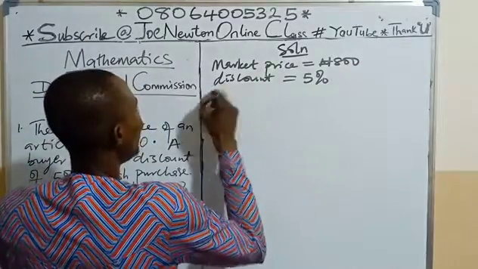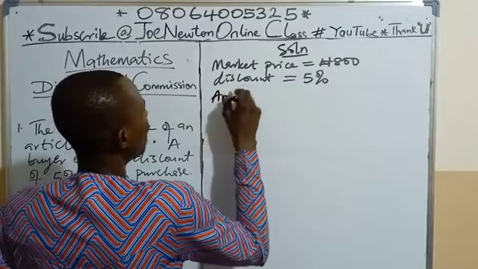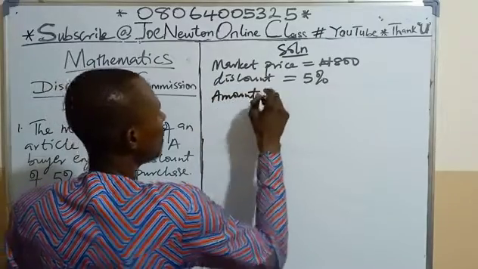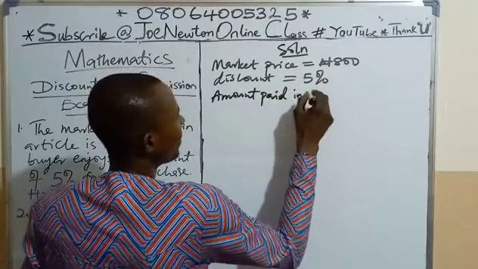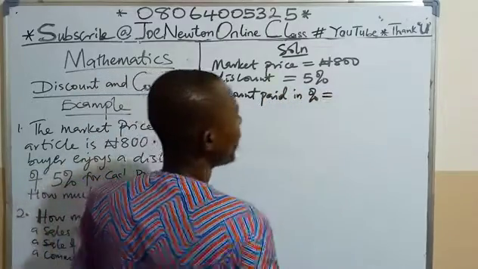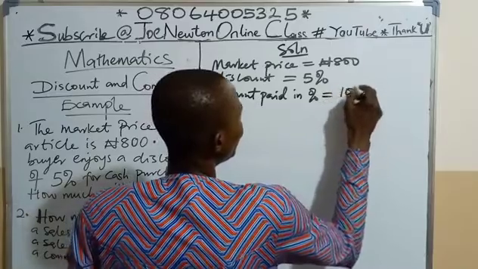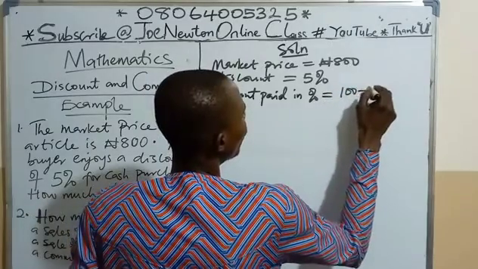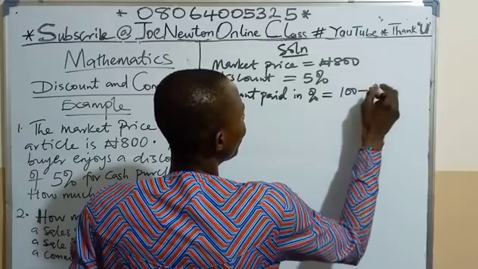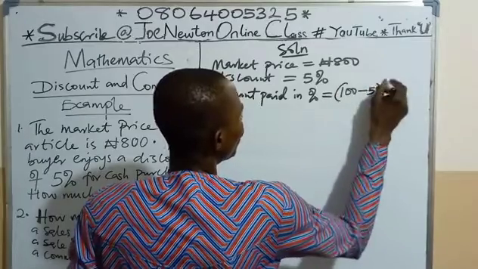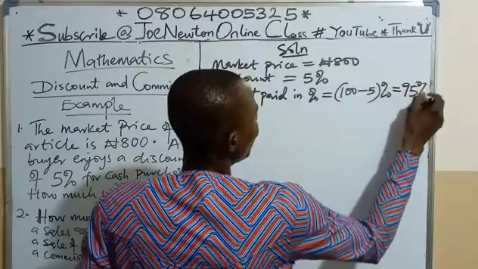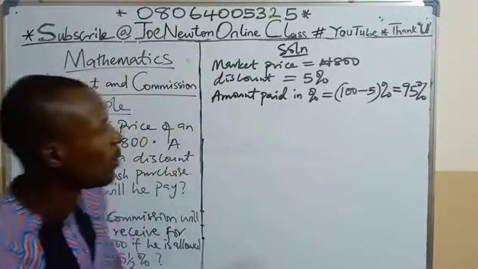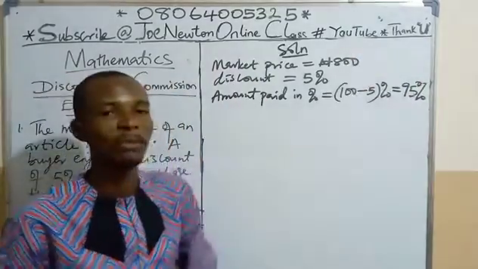So the amount paid in percentage will now be 100 minus 5%, and that will be 95%. So the buyer now will pay 95% of the actual price.